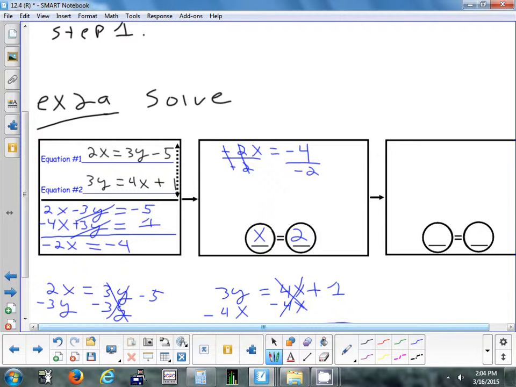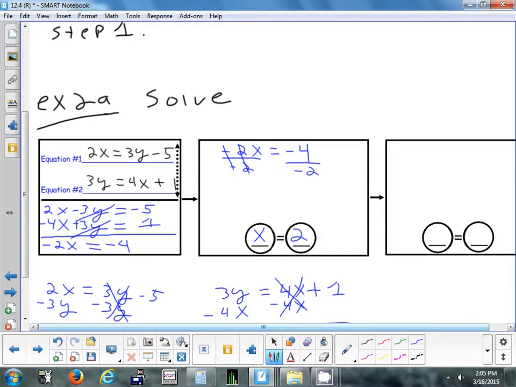But I like to go back to information that was given. So let's pick equation 1 or equation 2. Which equation do you think looks easier to plug into? First one? Okay. Let's do the first one.